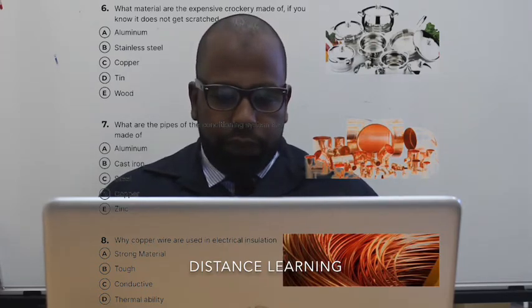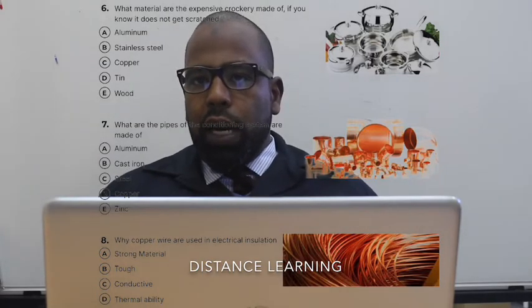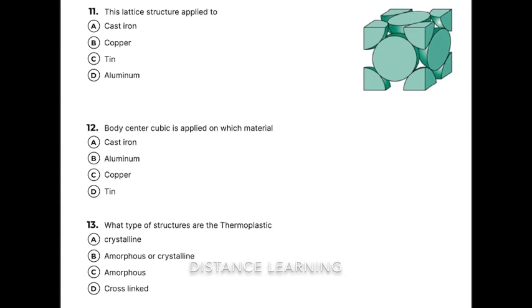Then talking about lattice structures, you have three types of lattice structures we learn about: body centred cubic, face centred cubic, and hexagonal close packed. Each one of them represents a form in which the metals are shaped. The face centred cubic is what would represent aluminium, tin, and maybe copper. All these types of materials would be face centred cubic, due to most of the grain structure being packed around the face of the material.